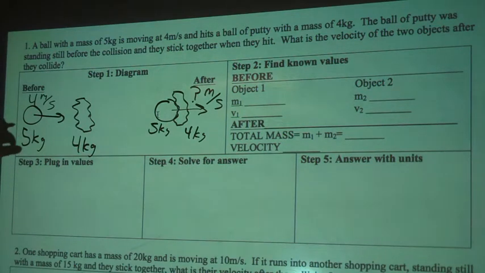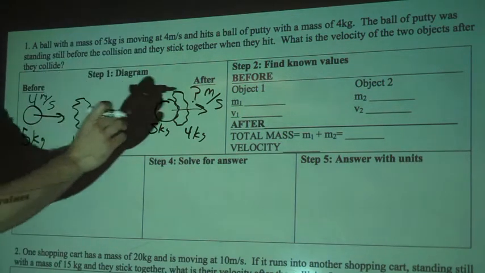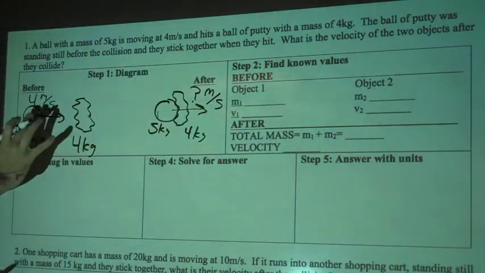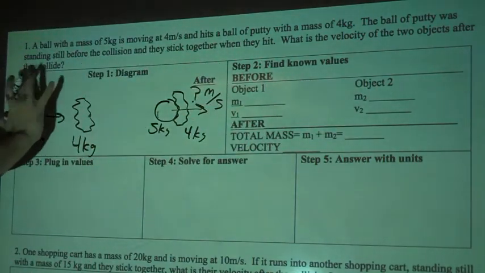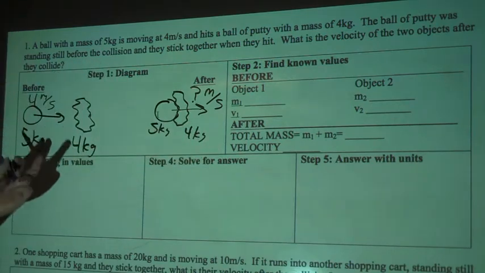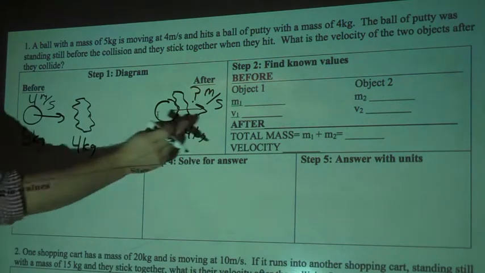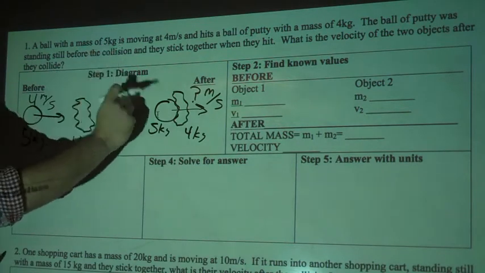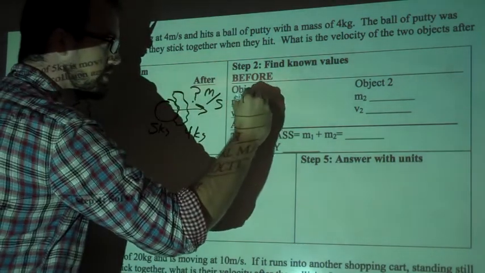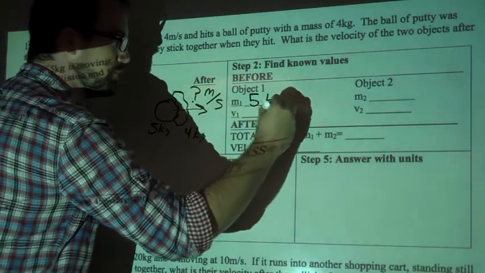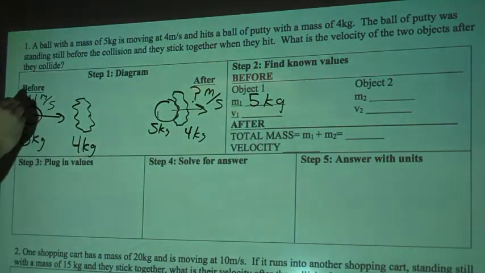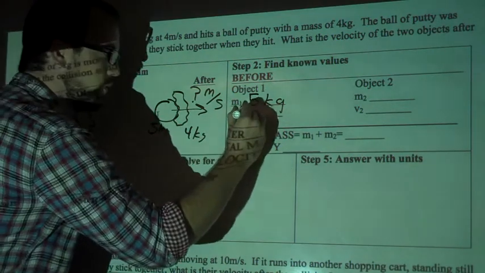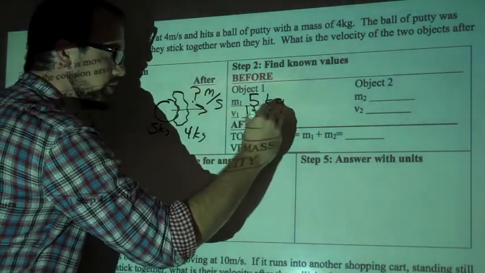Alright, so it does not matter which object is M1, or which object is 1, or which object is 2. You can pick either one. So I'm just going to use the first object as 1, the second object as 2. So the mass of the first object, we know it's 5 kilograms, so I'll write 5 kg right there. And then velocity 1, the velocity of that object is 4 meters per second.